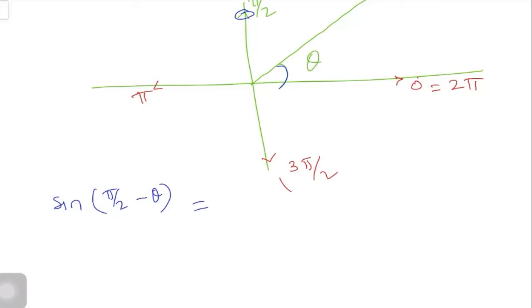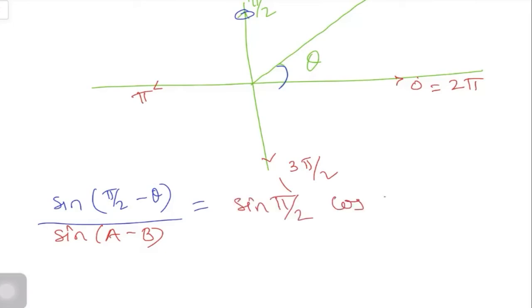You can use the formula for sine (A minus B), which is sine A cos B minus cos A sine B. So it will become sine pi/2 cos theta minus cos pi/2 sine theta.